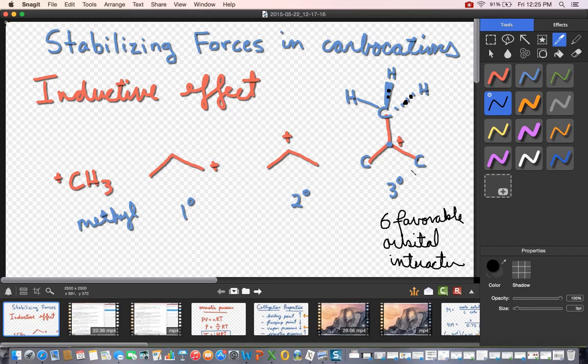To be even more specific, these are sigma to pi orbital interactions. The tendency of polarized sigma electrons to weakly overlap with empty p orbitals in order to stabilize those orbitals is known as hyperconjugation.